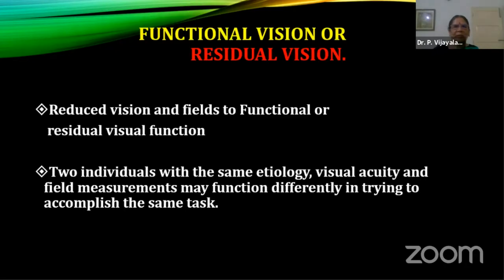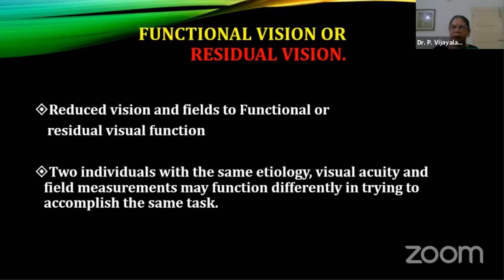With functional vision, suppose you have two patients with the same etiology, the same visual acuity, and all other things the same, but with different visual functions. You will see them taking different times, or showing different functionalities, in finishing whatever task is given.